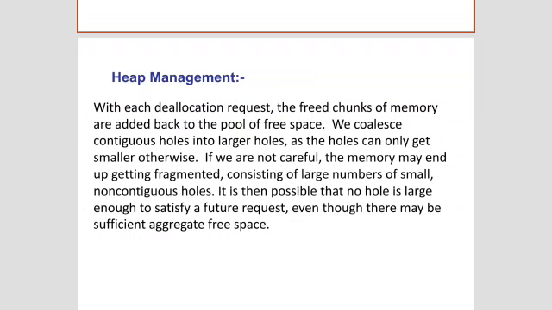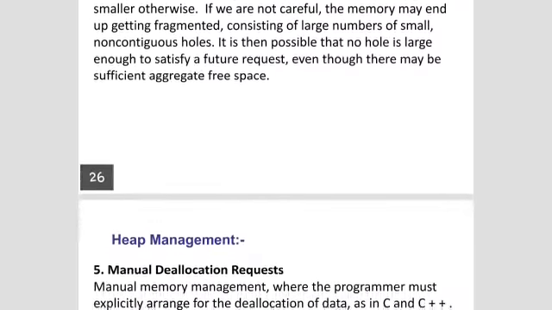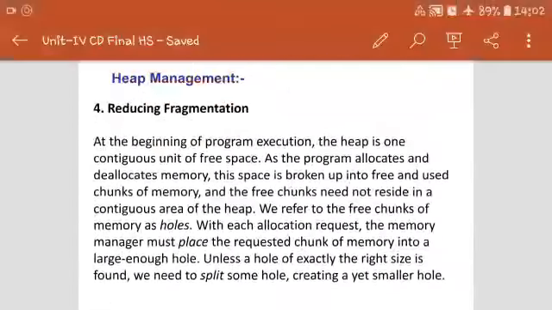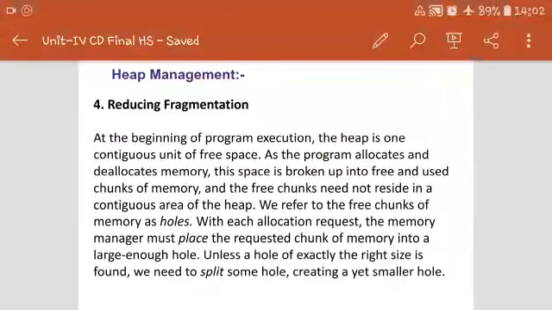But we only have chunks of 10 MB, 10 MB and 10 MB available. So the operating system is not able to allocate the space for that allocation request. Okay, so this is the necessity of handling fragmentation, and this is the work done by the operating system behind the scenes. Okay, thank you.